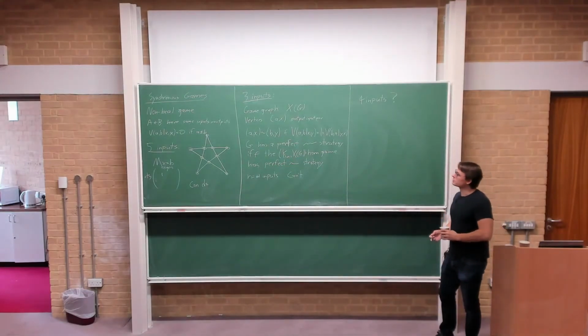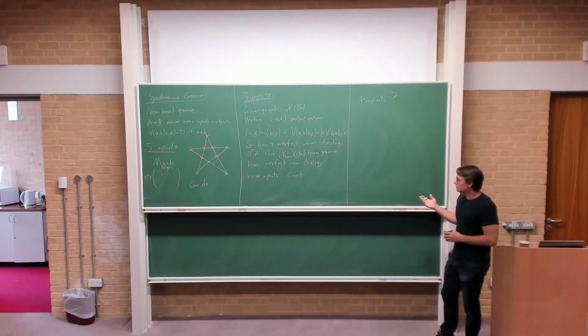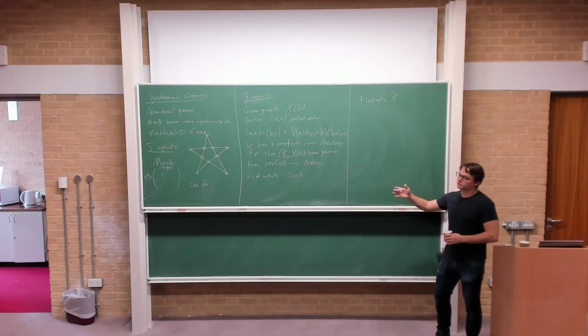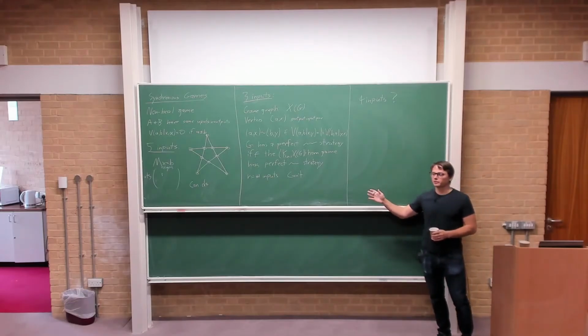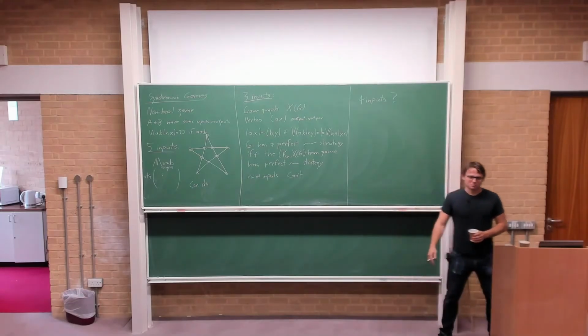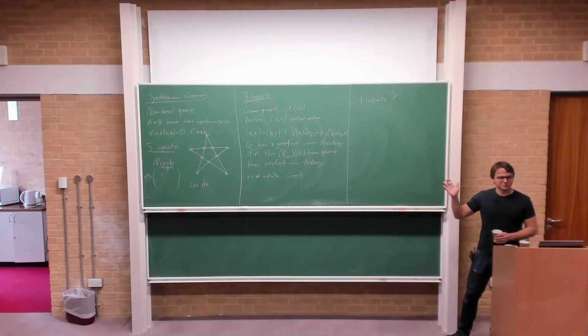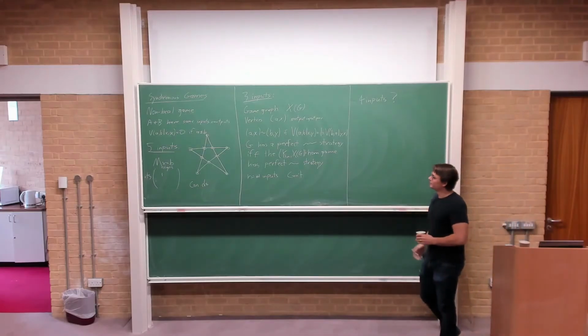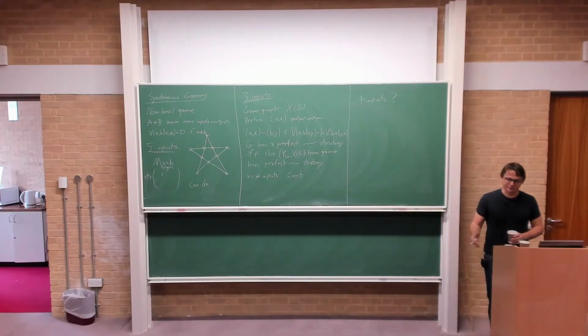I don't know. In a certain sense, it's a very innocent question, maybe not very profound, but we've had the synchronous game for a while now, and this has not really been addressed. It's a glaring omission, I think.